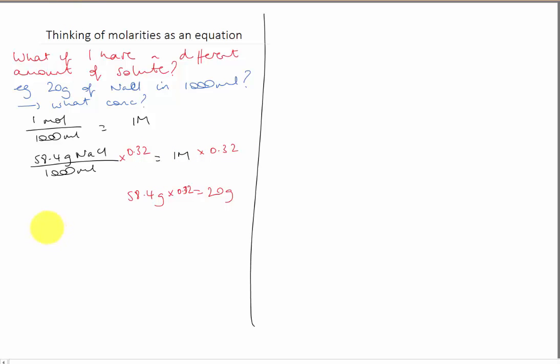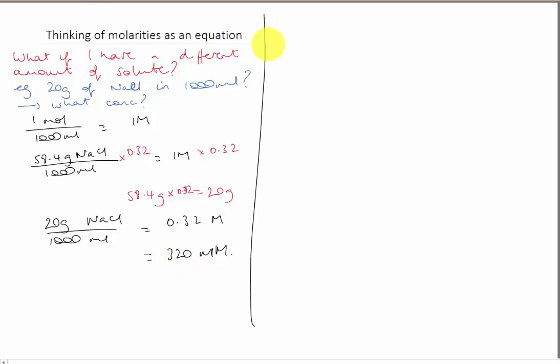So then that gives us our 20 grams of NaCl that we wanted in 1000 mils, which is the question, and that gives us 0.32 molar concentration. And we could change that to millimolar using the techniques we learnt last week, and that would be 320 millimolar concentration.